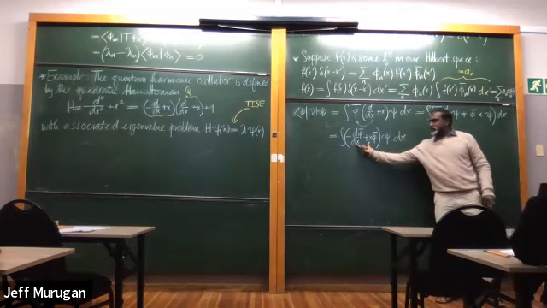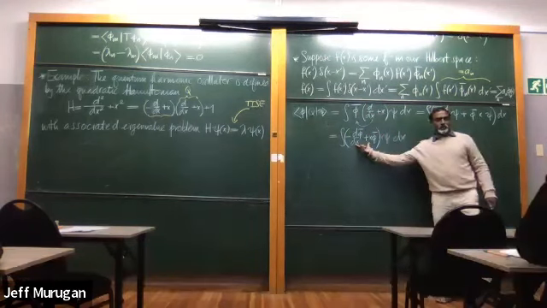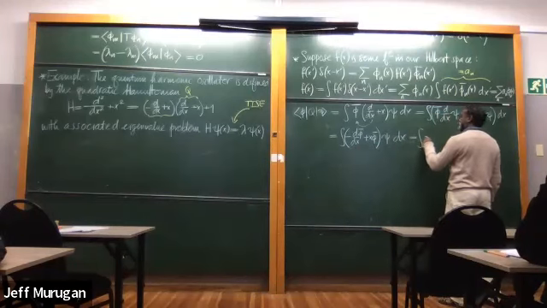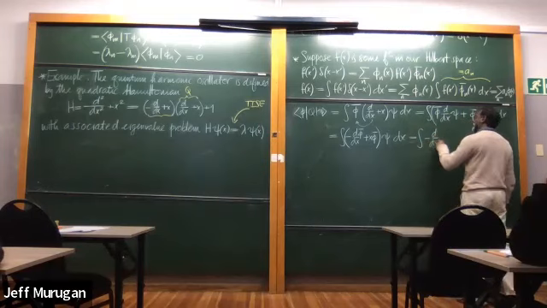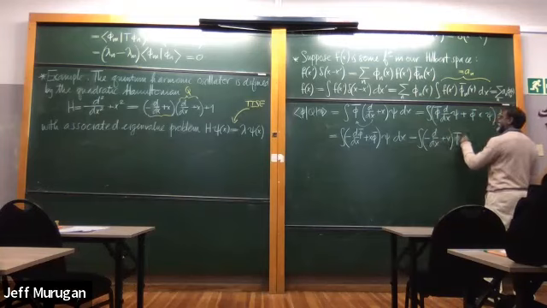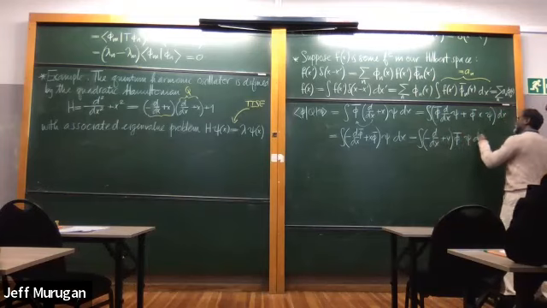Now I can think of this as an operator acting on phi bar, and that operator will be minus d by dx plus x acting on phi bar, times psi dx.